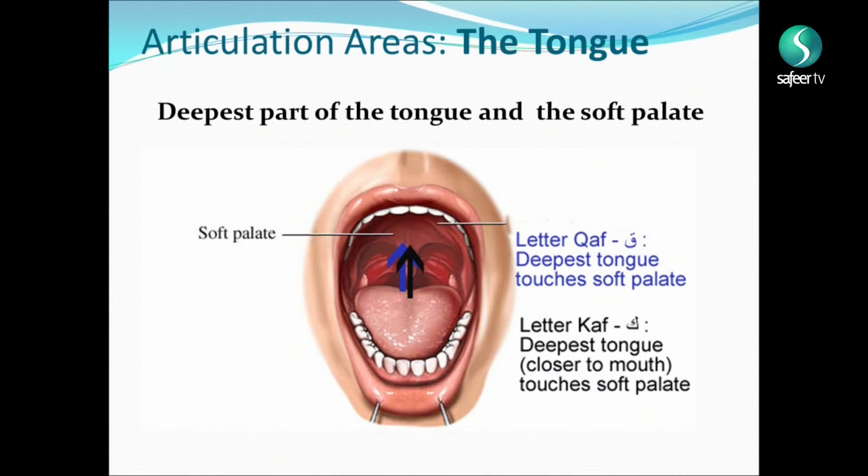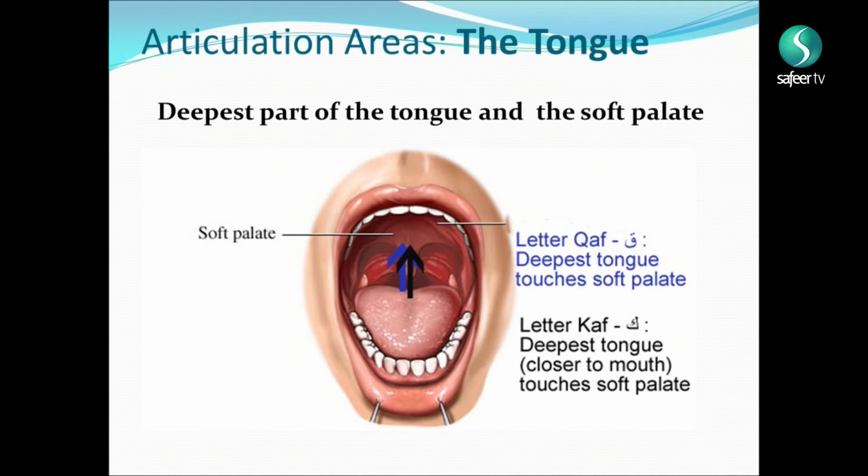The letter qaf with the blue color further towards our throat, and the letter kaf with the black color towards our lips. So it's further towards our lips. But usually for the letter kaf, we use some part of the hard palate. So that soft palate is not the same as the soft palate we use for the letter qaf.